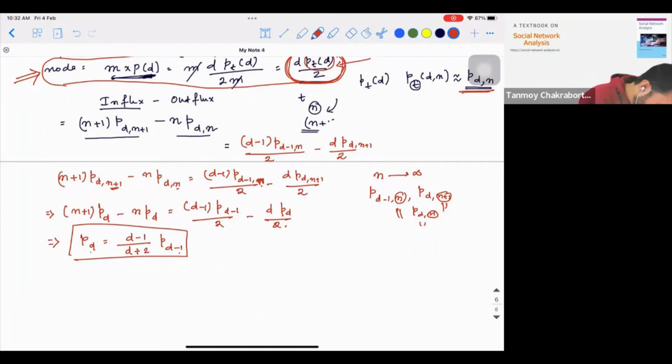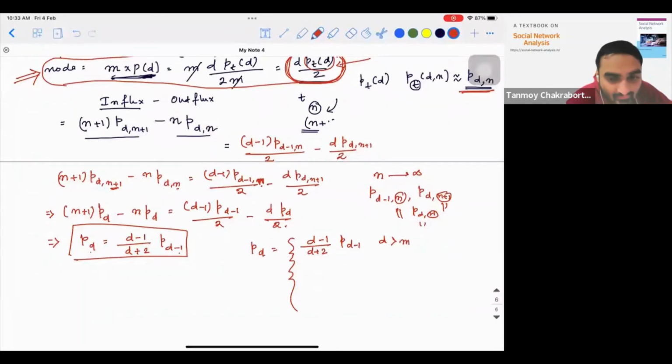So now let's look at the corner case. So PD is (d minus 1) by (d plus 2) into PD minus 1 when d greater than m. What is m? M is the number of edges which are coming into the system, right? Now think about it when d equals m. When d equals m, what would happen?